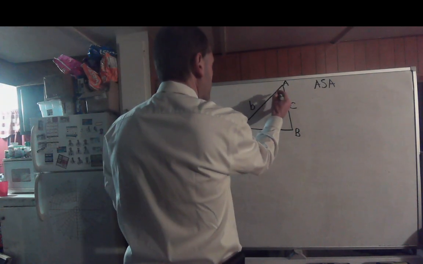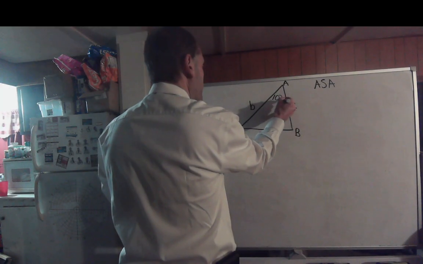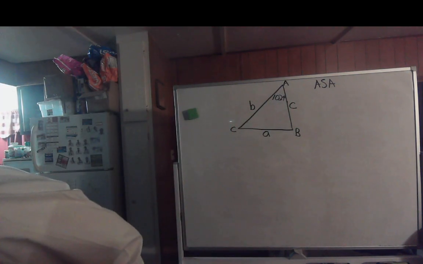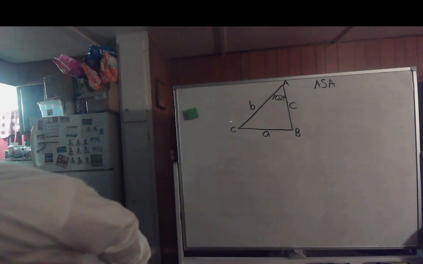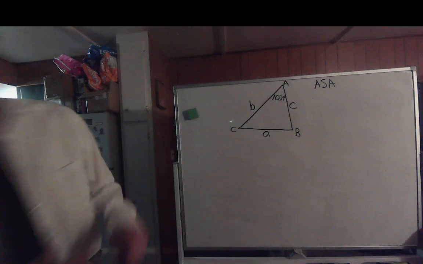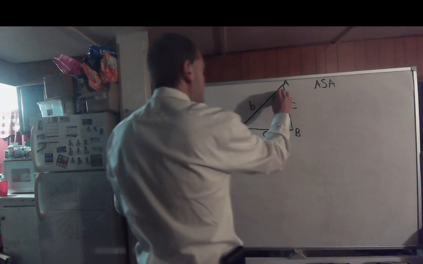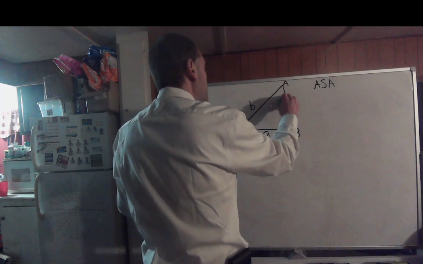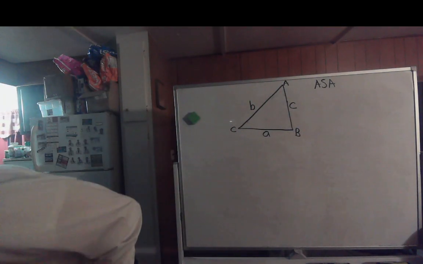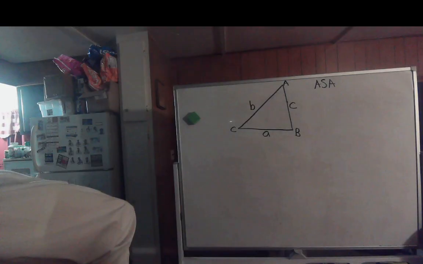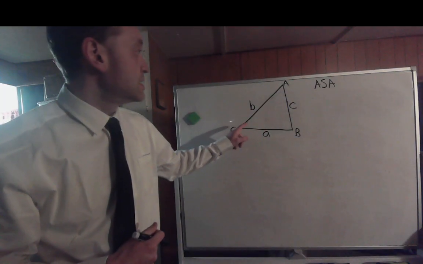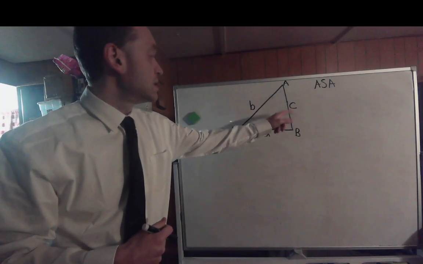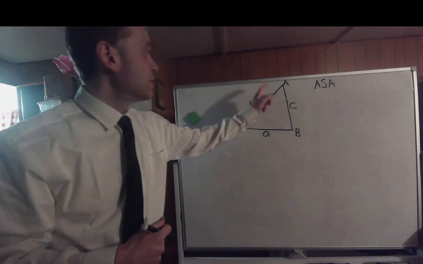Let's see if this works when I draw it out. 102.4 degrees. Angle C is going to be... Now that'd be another angle side. I don't want to do that. I specifically want an angle side angle. Angle side.